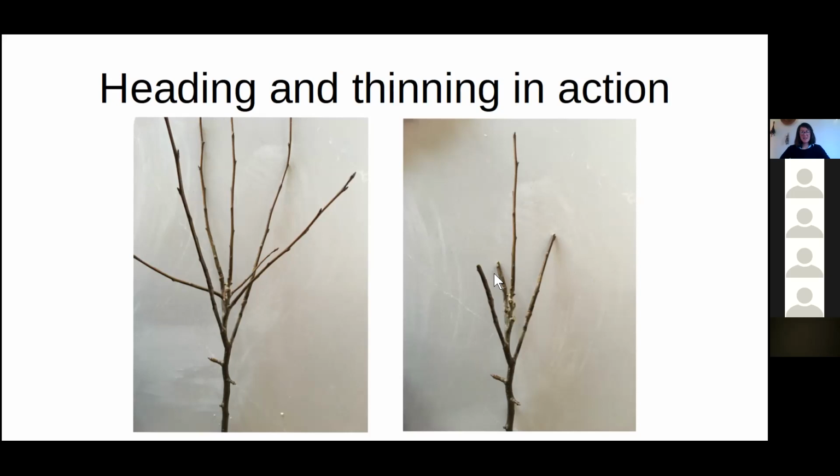Okay, so this is an example of heading cuts. They're on an angle. They're pretty close to the next bud down. And here we have the thinning cuts right there. One thing that I also want to mention in this case, for this vertical branch, I have left this particular shoot much higher and taller than the rest.